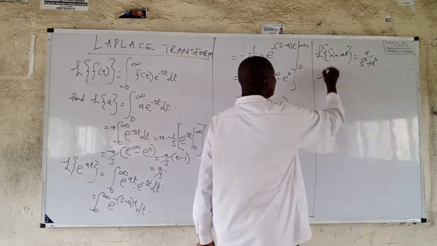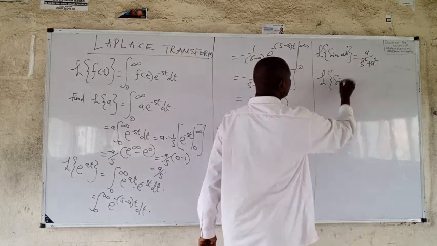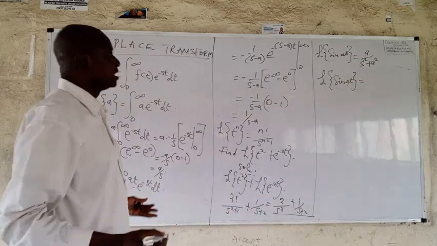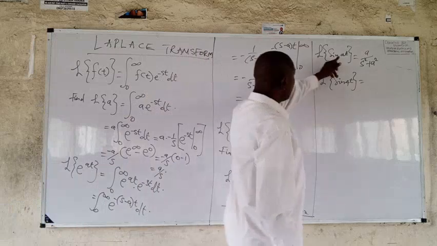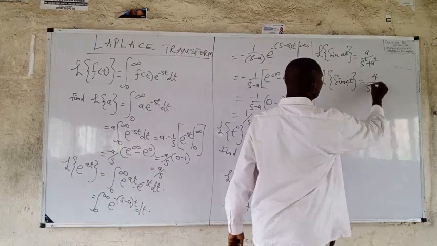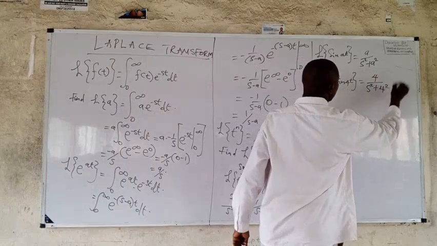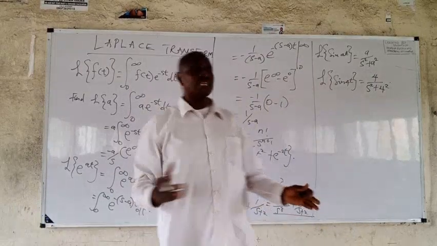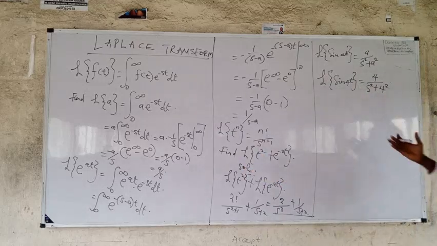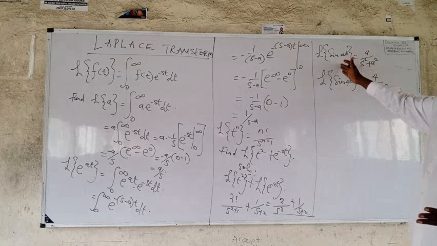So if you are given the Laplace of sine 4t to resolve, how do we do this? It's so simple. Let A become 4. So the answer gives us 4 over s squared plus 4 squared. So you see, it is easy to resolve a Laplace transform working with the formula relation.